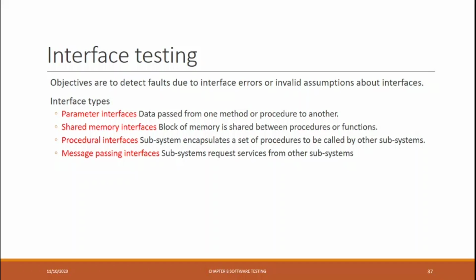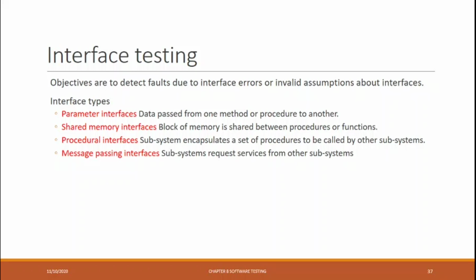The second one is shared memory interfaces, in which a block of memory is shared between the functions. The memory used by the object is also shared by some other component.